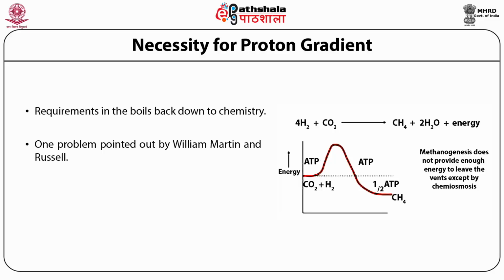All cells that use the acetyl coenzyme A pathway today depend on proton gradients. None of them can grow by fermentation, because carbon dioxide is a stable molecule and does not react easily even with hydrogen.